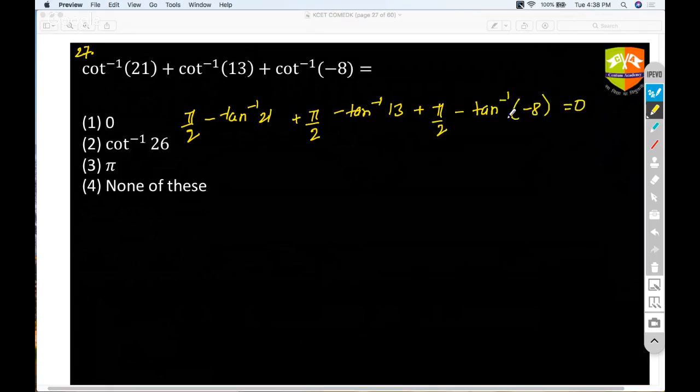Right? So this becomes plus over here. You can drop this and make a plus sign over here. Okay. So we have 3 pi by 2 minus tan inverse of 21 plus tan inverse of 13 minus tan inverse of 8.